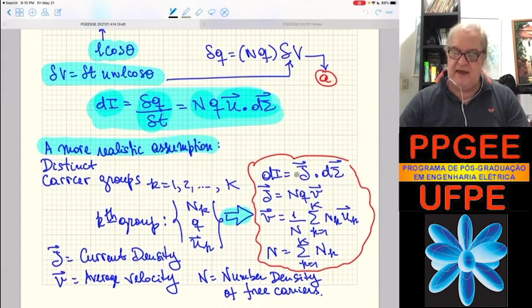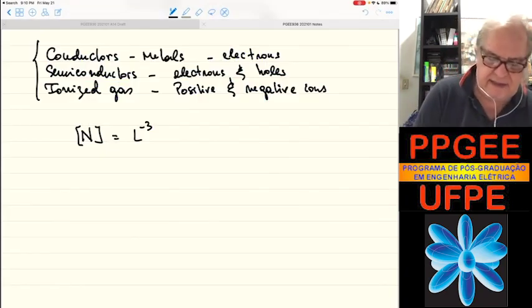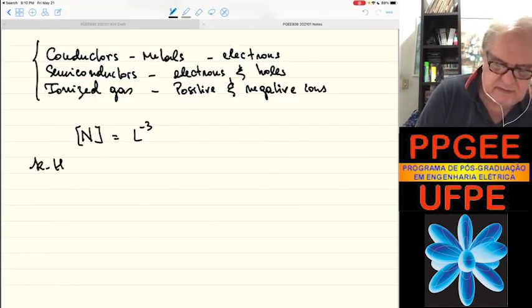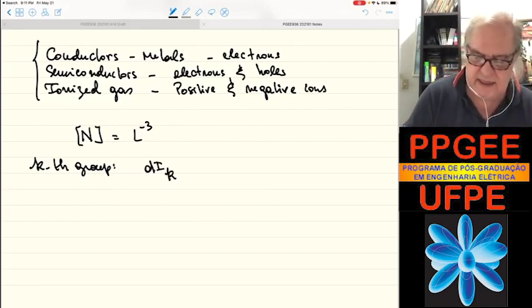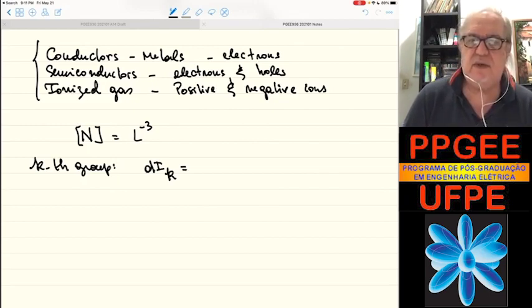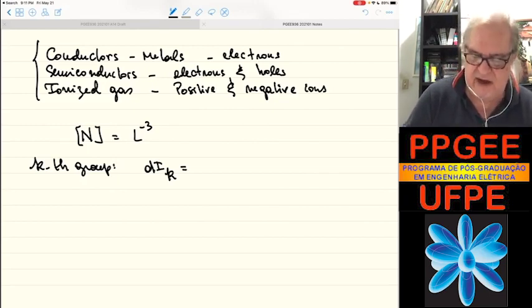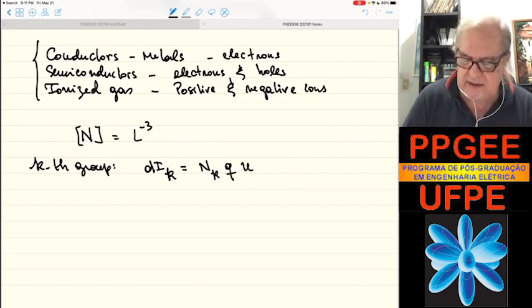So if we calculate now, it will just sum, right? For the kth group, the contribution to the current, which is a scalar parameter of the kth group, is equal to, as we derived before, the density of carriers of that group times the charge of that group times the velocity of the carriers of that group dot product delta sigma, right?